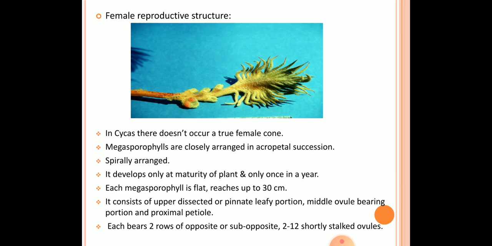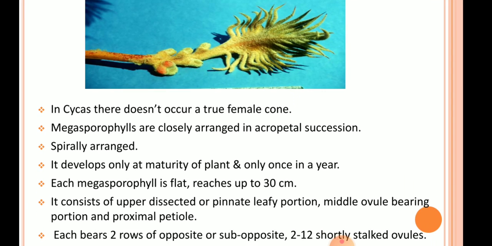Each megasporophyll is a flattened structure, up to a maximum of 30 centimeters in size. It consists of an upper dissected or pinnated leaf portion, a middle oval ovule bearing portion, and the proximal petiole. Each bears 2 rows of opposite and sub-opposite ovules, 2 to 12 shortly stalked ovules produced on each surface.